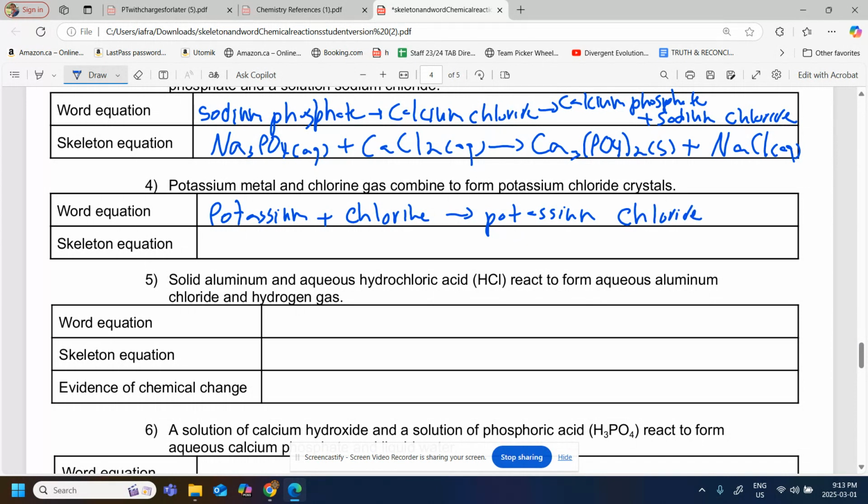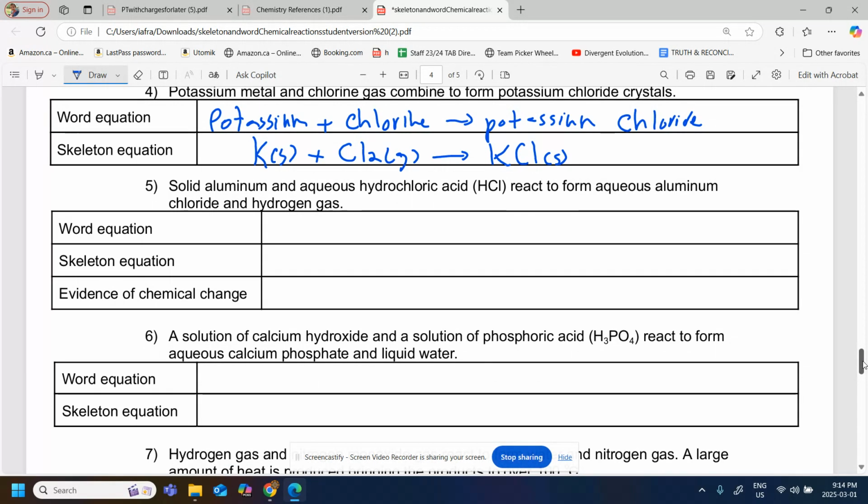If we want to write that in skeleton equation, it says that we have potassium metal. It doesn't really say the state, but we can assume the metal is probably solid, because the only metal that's liquid at room temperature is mercury. We have chlorine gas. It's a diatomic element, so Cl2 gas. Potassium chloride, you crisscross it. It is crystals, so that's going to be solid.